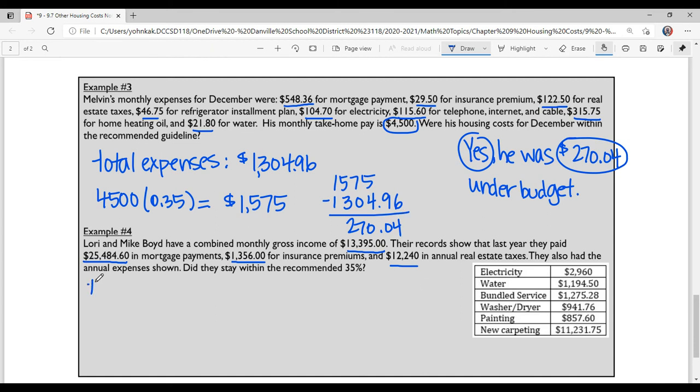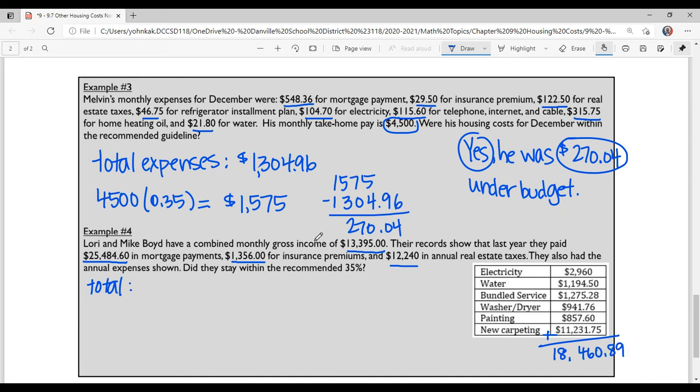Okay, well, first we should find the total. So if I add all of these expenses over here: new carpet, paint, washer, dryer, bundled service, water, electricity, these are annual expenses, $18,460.89.